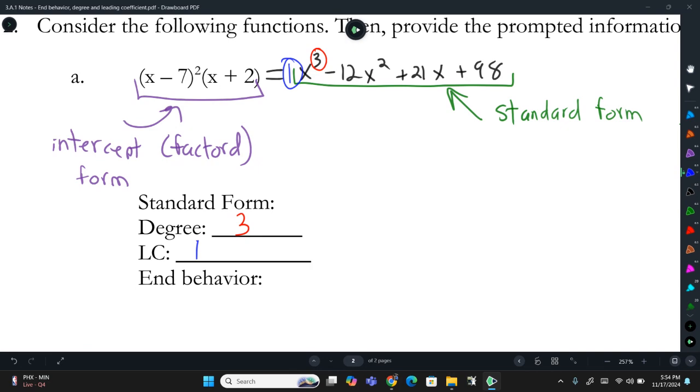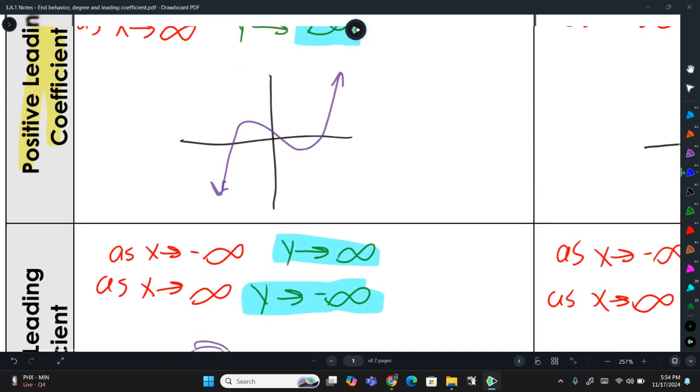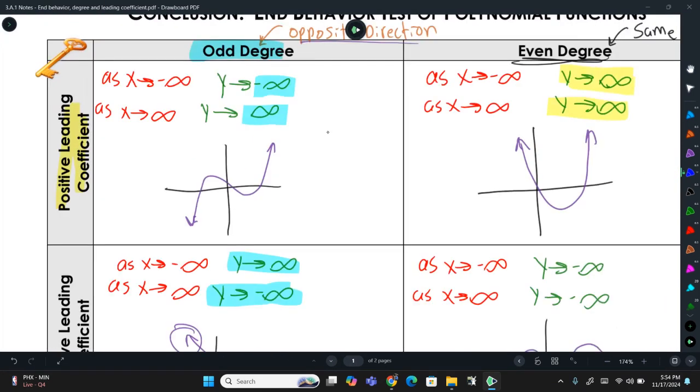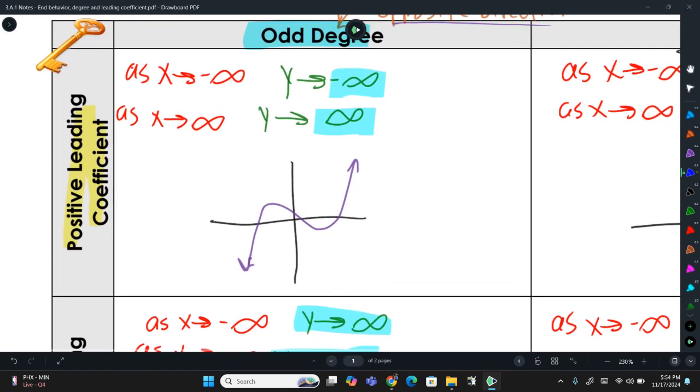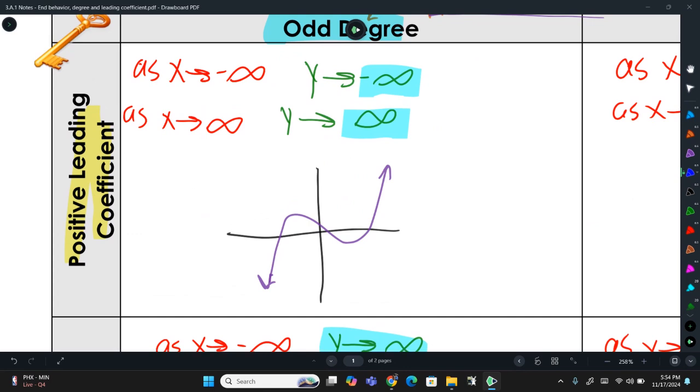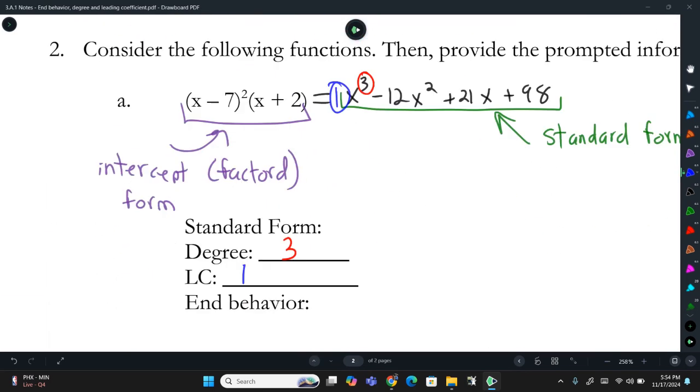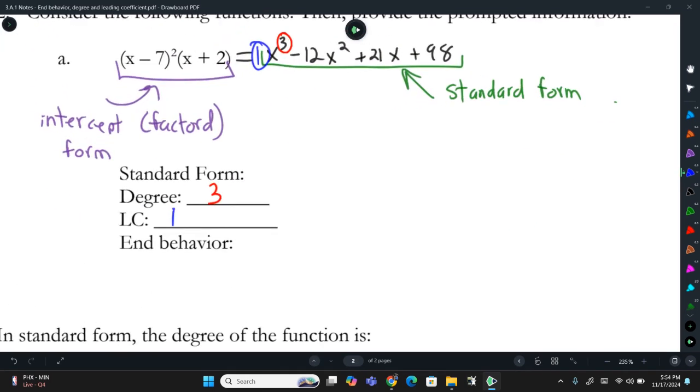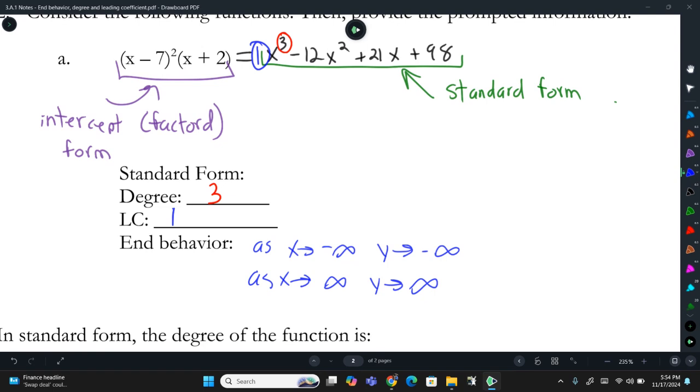So we have an odd degree and a positive leading coefficient. So this would be our end behavior. The left side will go down: as x approaches negative infinity, y approaches negative infinity, and as x approaches positive infinity, y approaches positive infinity.